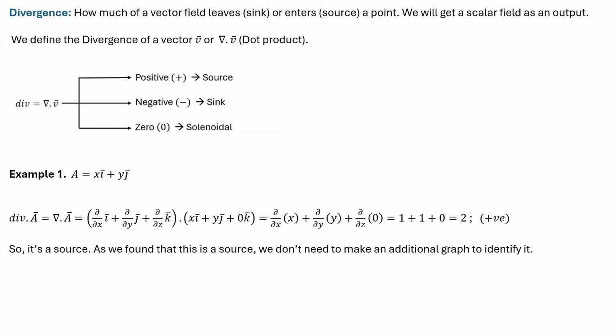So basically, it took a bit of time, right? But for an operation like divergence, it instantly tells us that if it's positive, that means it's a source. So we don't need to make any additional graph to identify it. That's the key advantage of this vector calculus, like gradient, divergence, and curl.